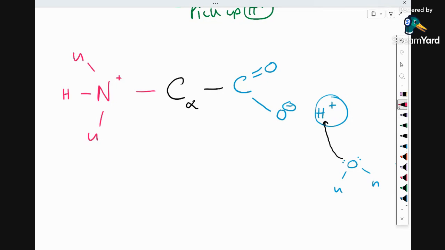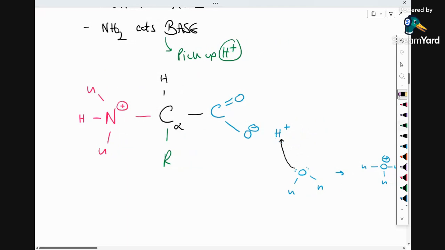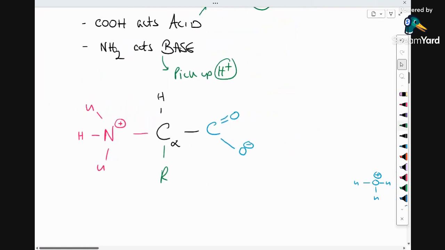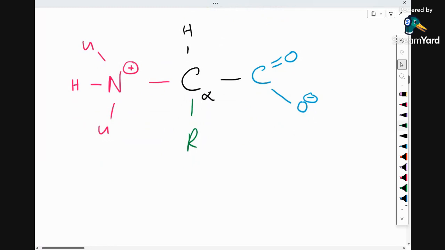We've got a negative charge on the carboxylic acid group and a positive charge on the amino group. And if I just put my hydrogen in here and my R group, there we go. That is what our amino acid looks like at pH 7. It has both a positive and a negative charge. This particular structure is called a Zwitter-ion.